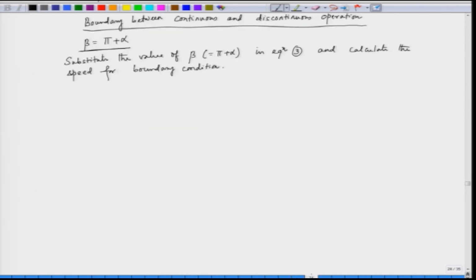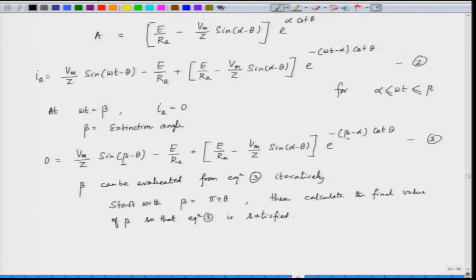So, 0 is equal to Vm by Z sin(pi plus alpha minus theta) minus E by Ra plus (E by Ra minus Vm by Z sin(alpha minus theta)) exponential of minus omega t, where we have minus beta minus alpha.